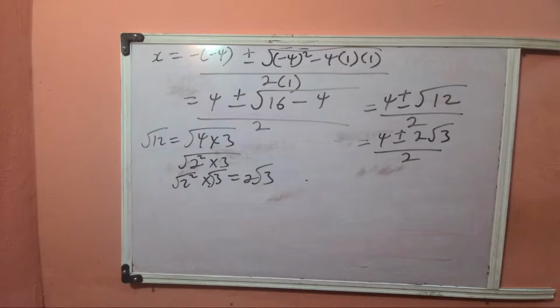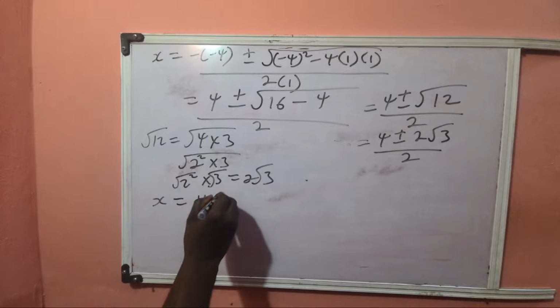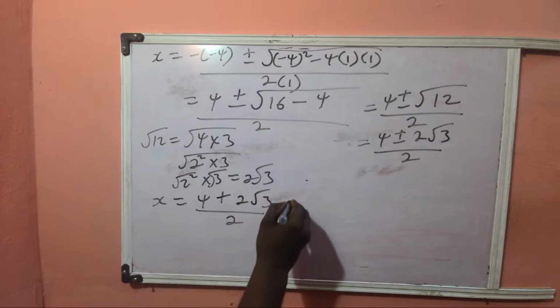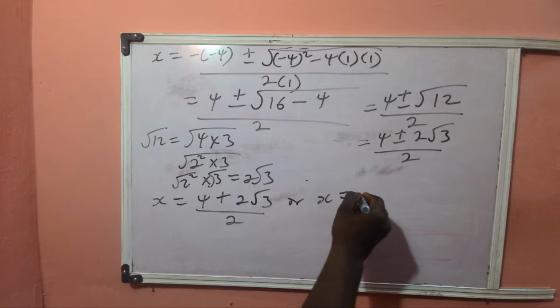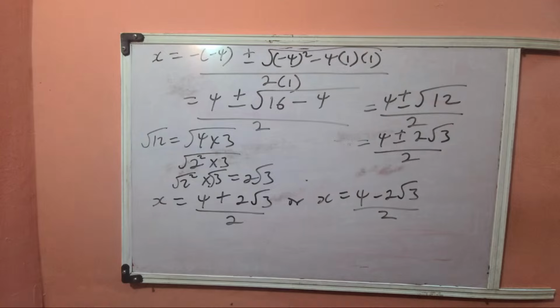So we can see x equals 4 plus 2 root 3 over 2, or x equals 4 minus 2 root 3, everything over 2. Now I'm sure you know you can factorize 2 out.